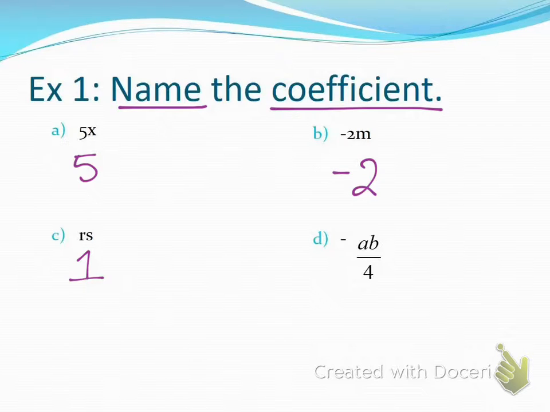Letter D is one that we have not really talked about yet. Does anybody think they know the coefficient there? Jordan? Negative 1 over 4? Very good. Negative 1 over 4 is considered the coefficient, because we could rewrite this as negative 1 over 4 times AB. That's the same thing. That makes negative 1 over 4 the coefficient.